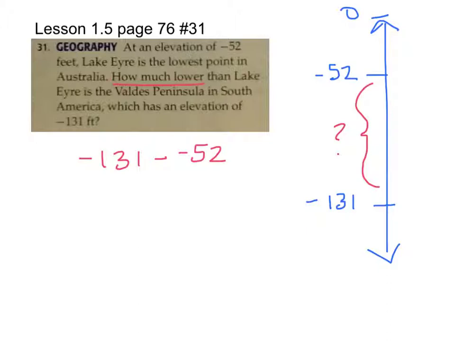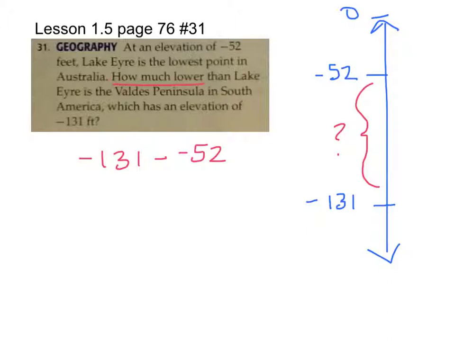When we subtract, you could also look at the difference between these 2 points. We're going to get the same answer both ways because we're going to look at this distance. Yes, it's going down this number line. So we're going to consider this distance between them a positive. So you can subtract either way, the 131 minus the 52 or the 52 minus the 131.